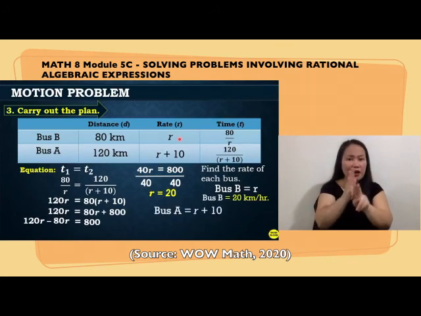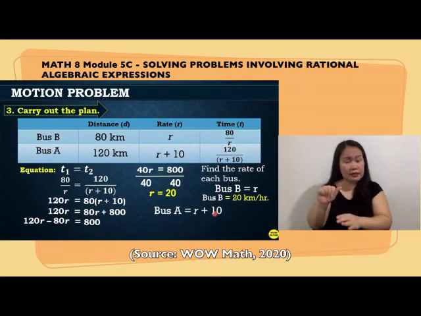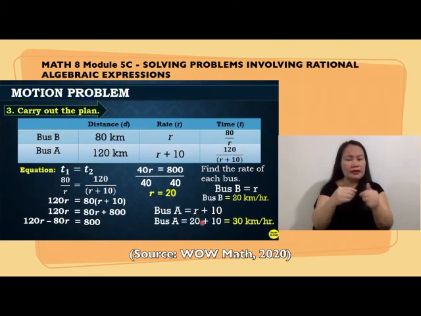And the rate of bus A, which is 10 kilometers per hour faster, kaya nag-plus 10 tayo dito, faster than bus B. So, anong gagawin natin? 20 plus 10, which is equal to 30 kilometers per hour. So, bus A is 30 kilometers per hour, which is 10 kilometers faster than bus B.